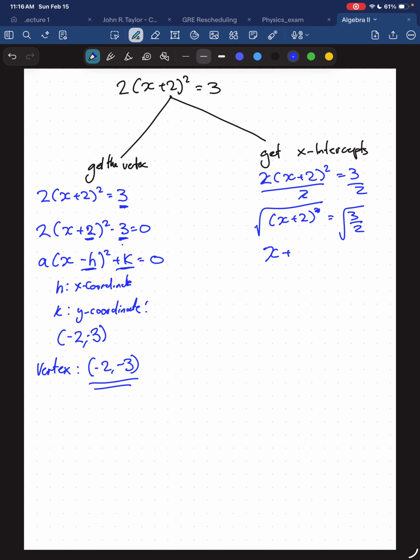So I'm going to have x plus 2 equals plus or minus square root of 3 over 2, right? Then x is going to be equal to -2 plus or minus square root of 3 over 2. I have two x values. x1 is going to be equal to -2 plus square root of 3 over 2. And x2 is going to be equal to -2 minus square root of 3 over 2.